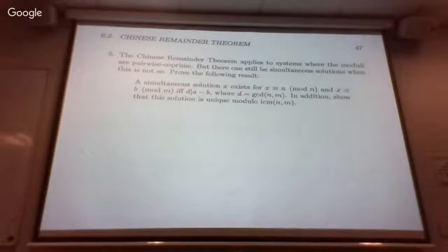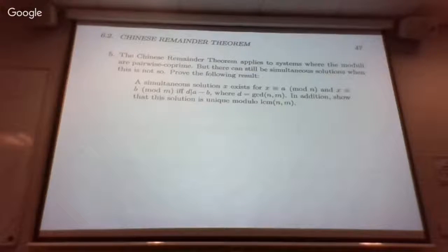And then in addition, talking about number of solutions or where the solutions live, what the uniqueness is, the solution is unique if it exists. Unique modulo, not the product of the two moduli. It was the product in the co-prime case, the kind of corresponding notion in the not necessarily co-prime case is the least common multiple.